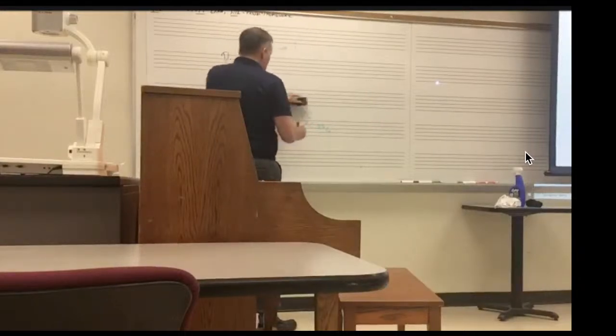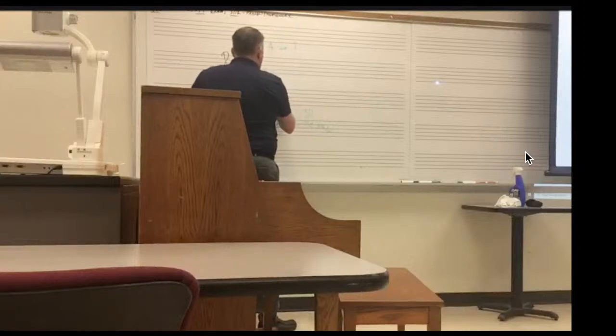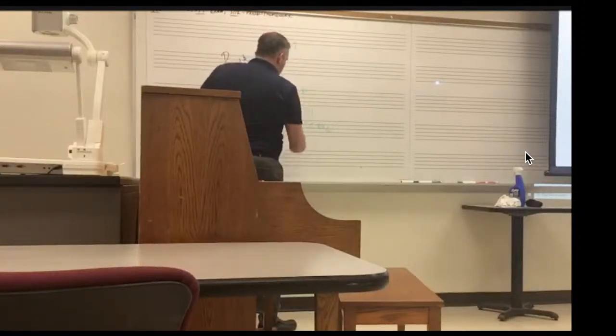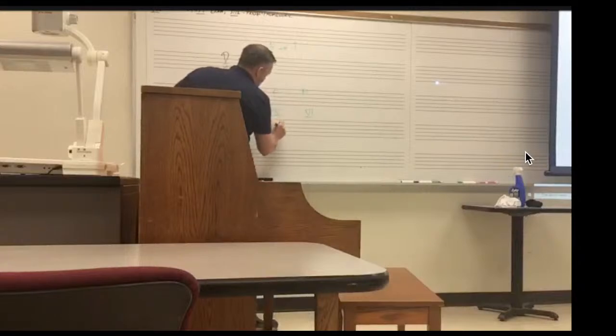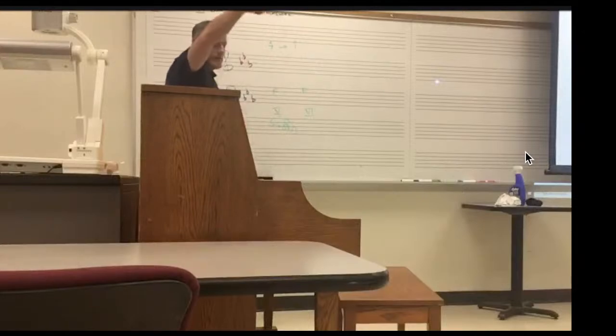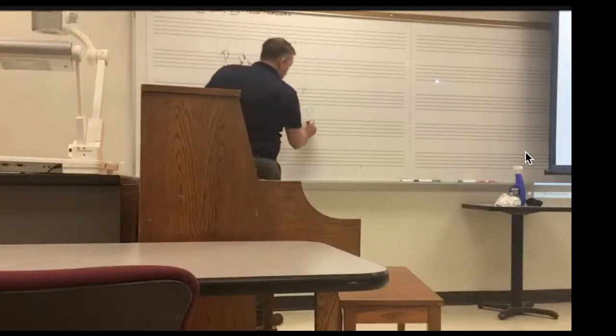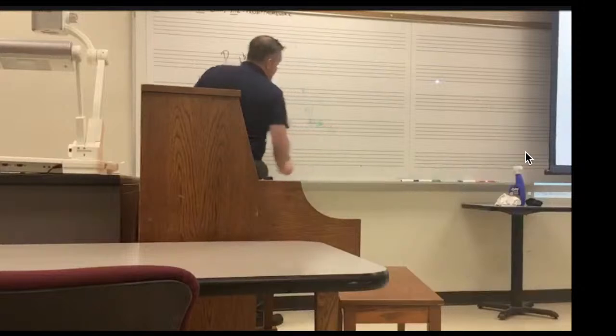So G is going to A flat. So we have G, B natural, D, because remember 7 in minor is raised. And then A flat, C, E flat. Got root to root in our bass, and then I'm going to voice this out.